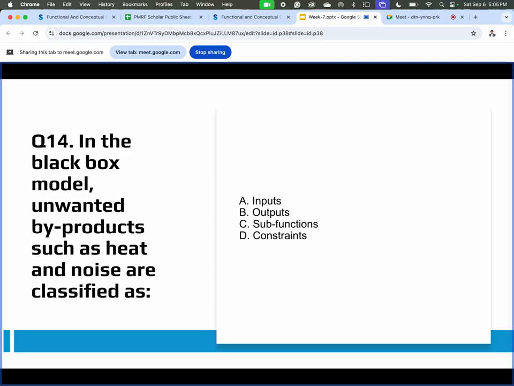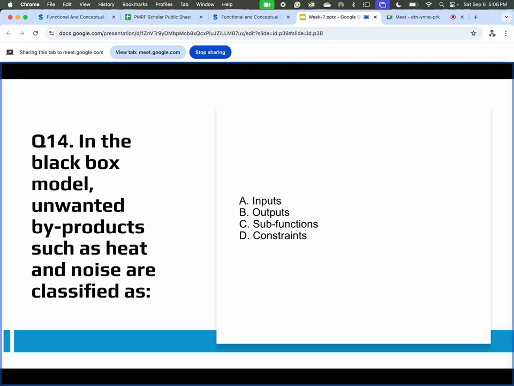Recognizing byproducts as outputs helps designers address inefficiencies. Once they are visualized in the model, strategies can be created to minimize, recycle or eliminate them. This makes the system more efficient and user friendly. These byproducts are not inputs, since nothing enters the system as noise.